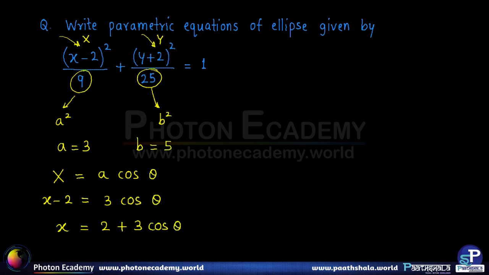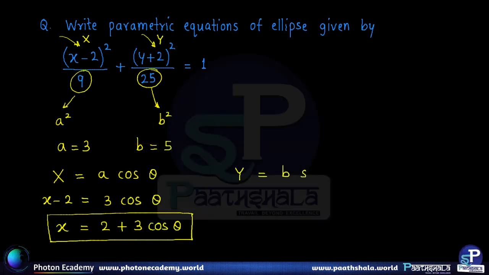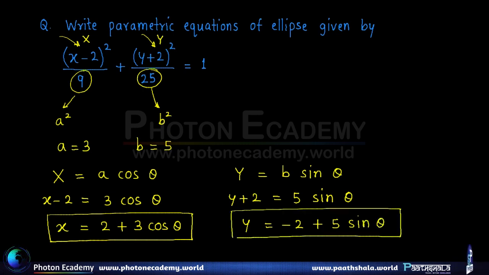This is the first parametric equation about the x coordinate, and similarly we can write y is equal to b sin theta in the new system, but capital Y is nothing but small y plus 2 considering the shift of origin, and b is 5. So we have 5 sine theta, and hence finally we get y is equal to minus 2 plus 5 sine theta. So therefore we have got the two parametric equations of the given ellipse.